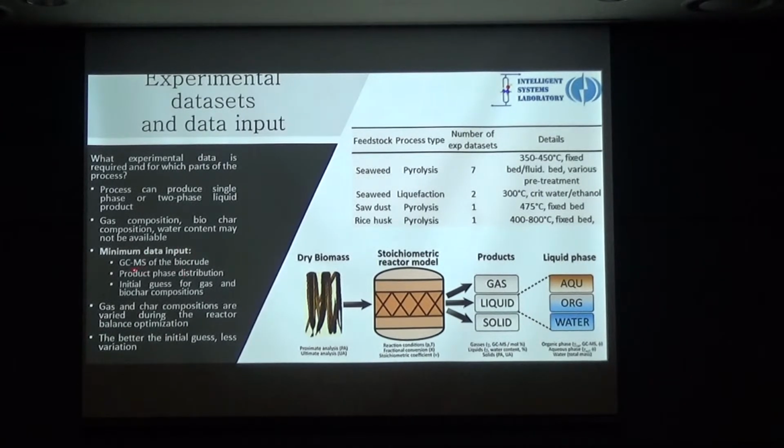However, the minimum data input is the GCMS of the bio-crude, the phase distribution or yields of your gas, liquid, and solid, and initial guesses for gas and biochar compositions, which you can get from literature or just make an educated guess, after which it will vary them to close the reactor balance.